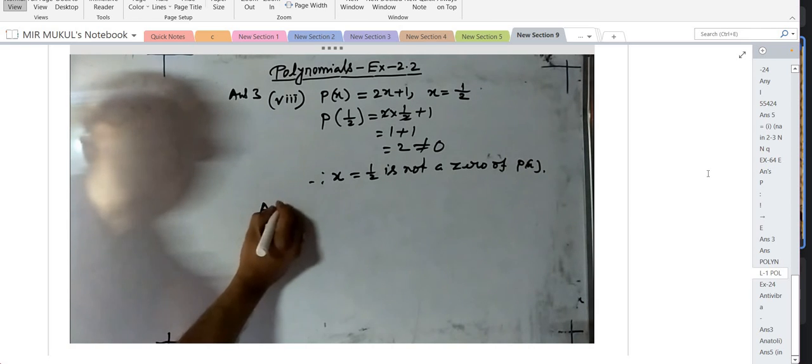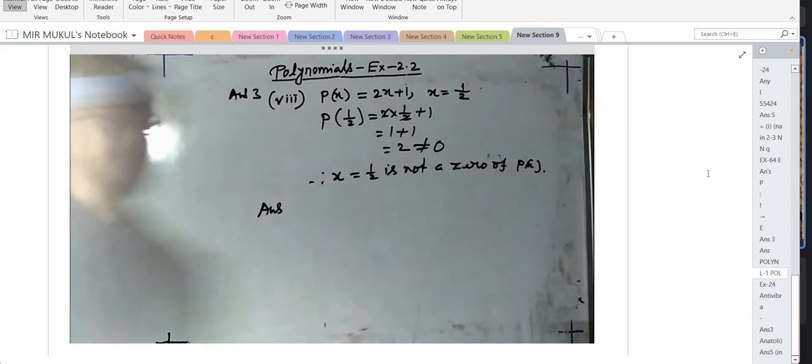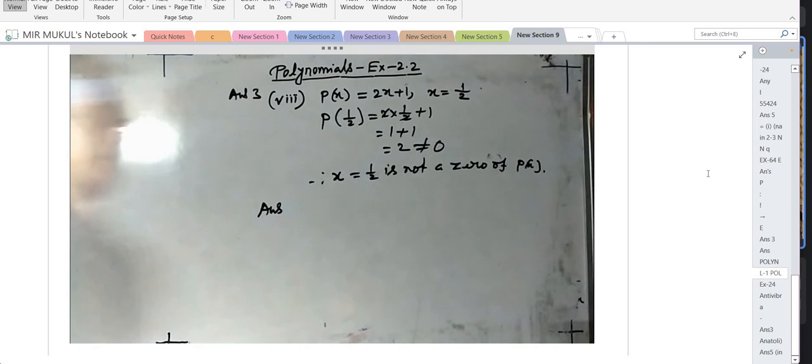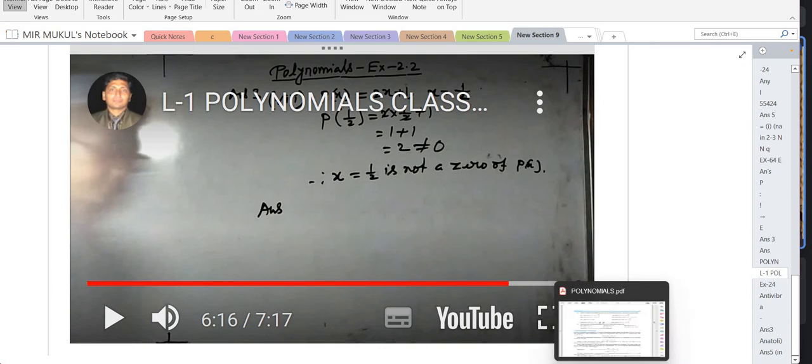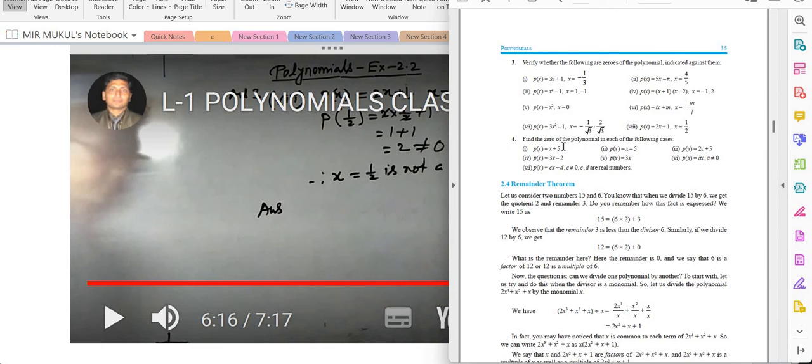And answer 4, we have to find the zero of the given polynomial. Now the last question, that is question number 4. Find the zero of the polynomial in each of the following cases. Okay, so this was an easy type of question. So if you practice all these questions, if you get 0, then that number will be a zero of the polynomial.